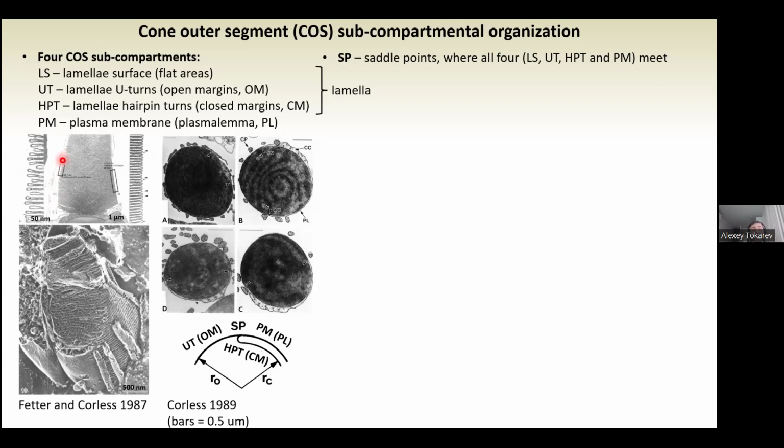So this is another kind of turn. These are flat surfaces, here we have U-turns, and here we have hairpin turns. So: flat surface, plasma membrane, hairpin turn, and U-turn.